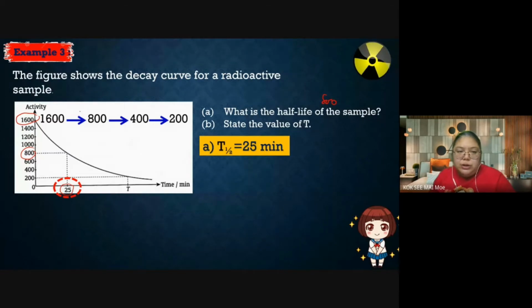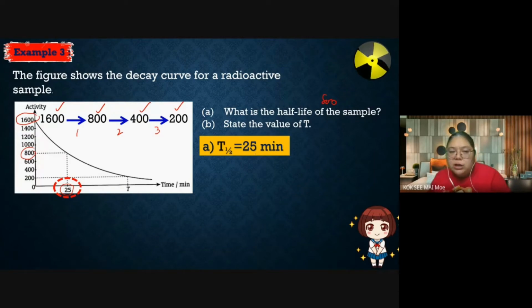So we show this one. Half-life is 25 minutes. Next, state the value of T. Now T is how many? Okay, T, we can see 200. So that means 1,600, 800, 400, becomes 200. We got 1, 2, 3, so 3 half-lives. Can I say 25 times 3?